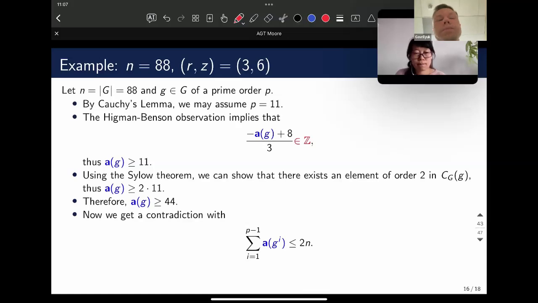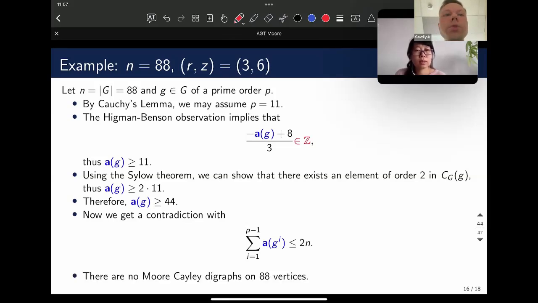And this contradicts the right-hand side of this inequality. So the left-hand side would be greater than the right-hand side. So this violates the last inequality, which we proved. So in particular, this shows that there are no Moore Cayley digraphs on 88 vertices.